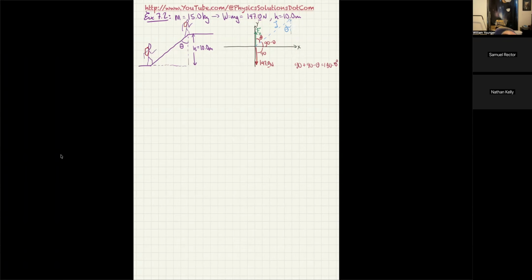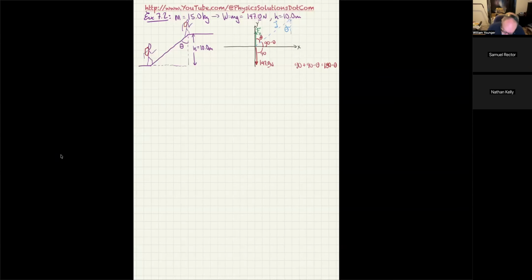We could use an actual trig identity to figure out what the cosine of that angle is, and we'll cross that bridge when we come to it.